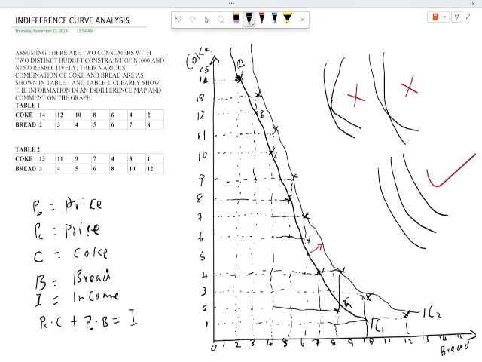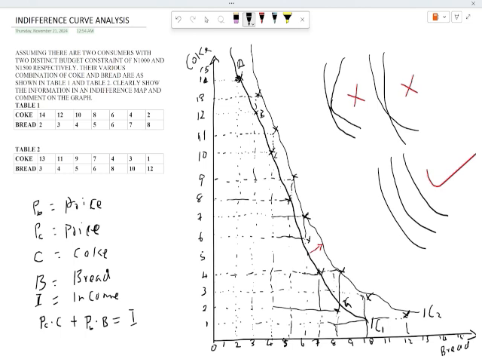And of course, this will tally with the fact that the income also increased from 1,000 to 1,005. You understand? So we can say that IC2 represents a higher level of satisfaction, because the further an indifference curve is from the origin, the higher the level of satisfaction. You understand?